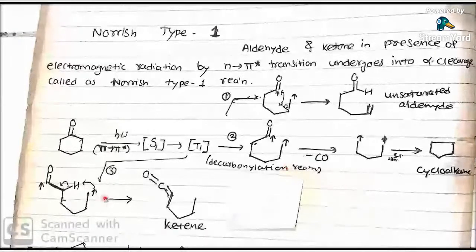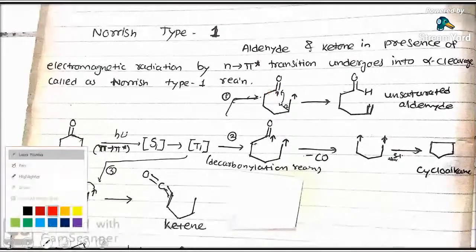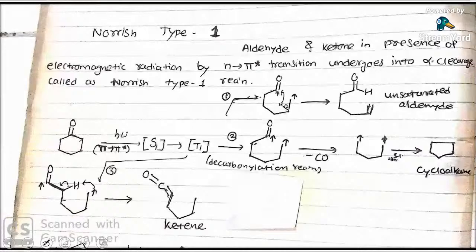Now the next reaction will be the alpha cleavage, and for that alpha cleavage, instead of writing the bond in this way, I have just written the bond in this way here.